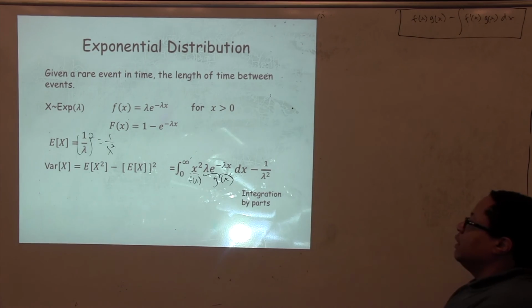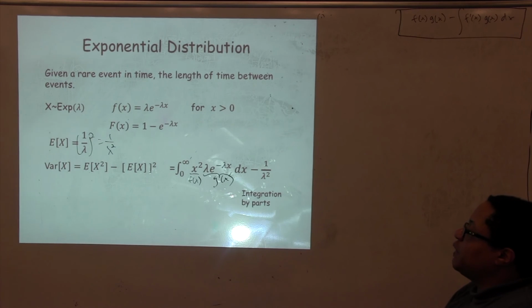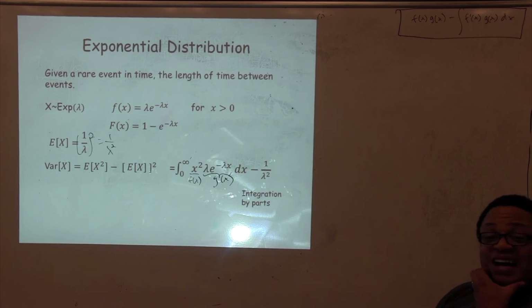As we said before, the reason is that when we compute the f prime of x, this x squared is going to simplify to 2x. But we'll find that we're going to have to run integration by parts twice to get this ultimately to simplify. Okay, so let's do that.